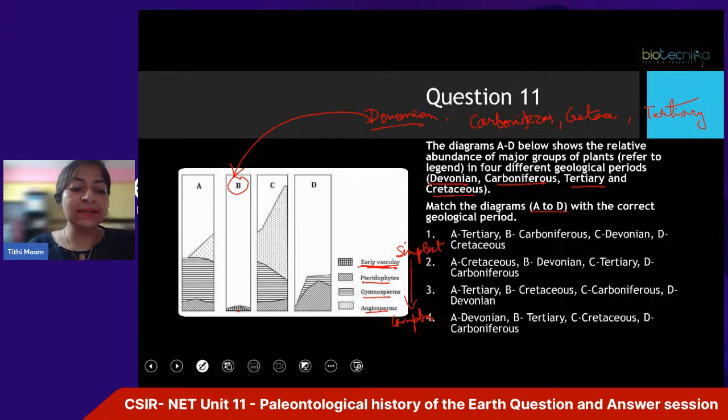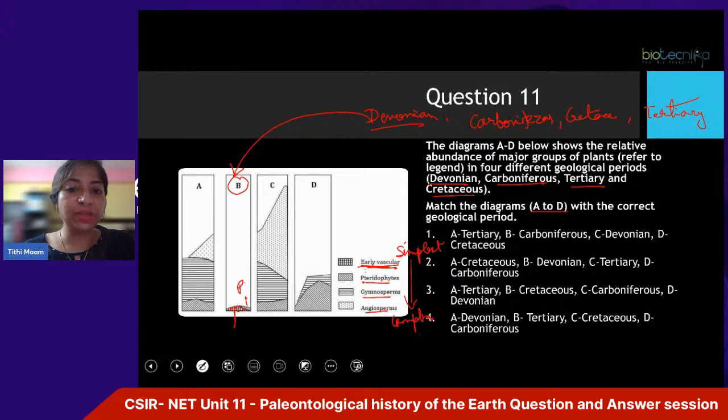Read the legends that are given here, Astha. This crisscross means early vascular. So do you see? This is only crisscross, means this part is for early vascular, and there is a very little bit of diagonal line here, which is for pteridophytes. Do you all agree to this?